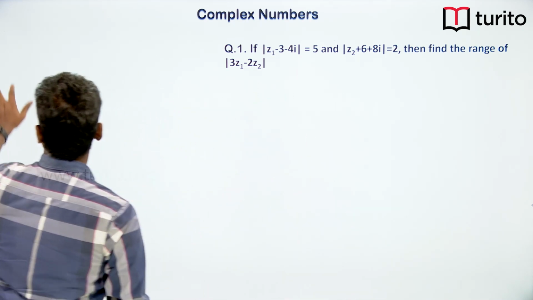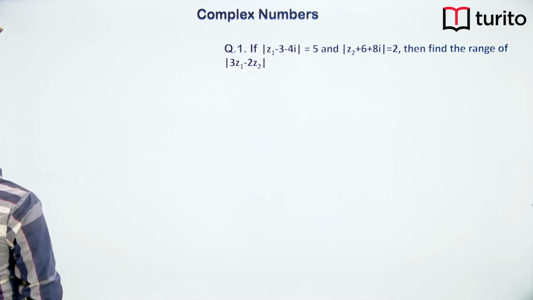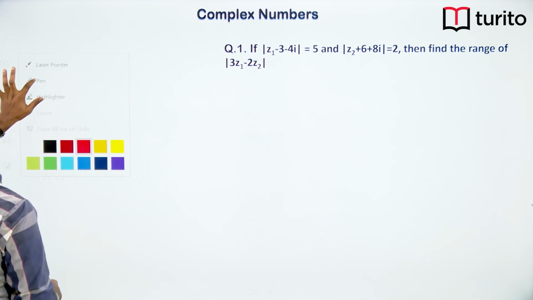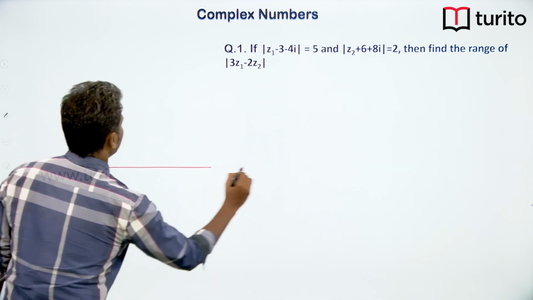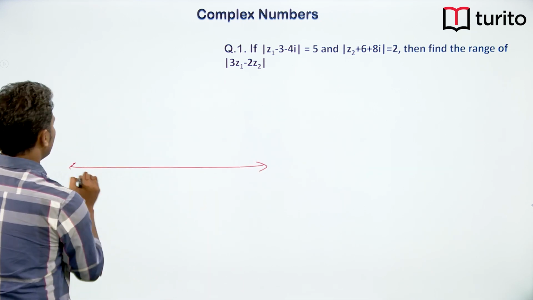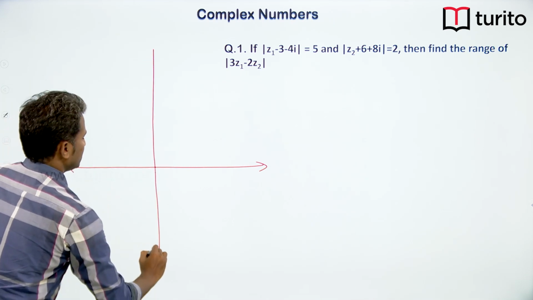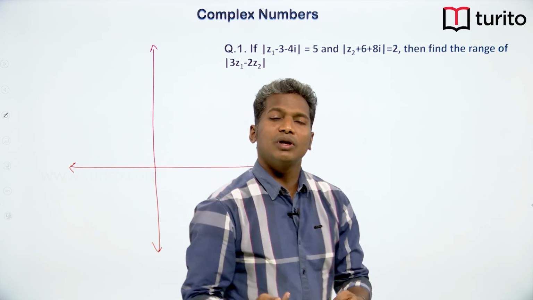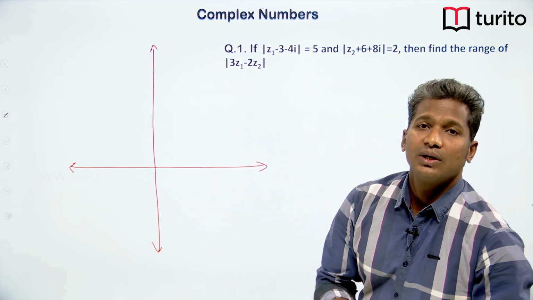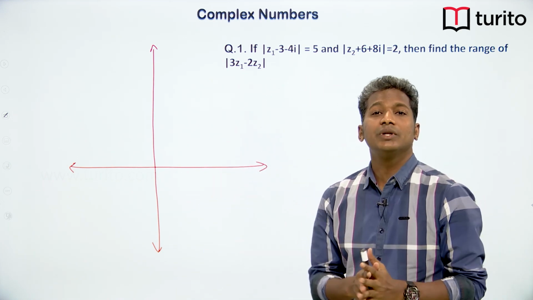Okay. So here, suppose if I take one axis and another axis. Generally this type of rectangular coordinate system is used to represent 2D geometry.